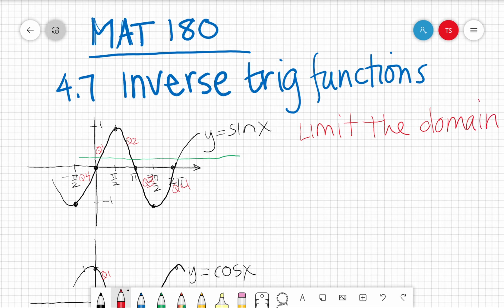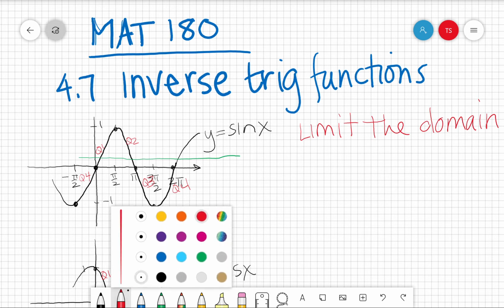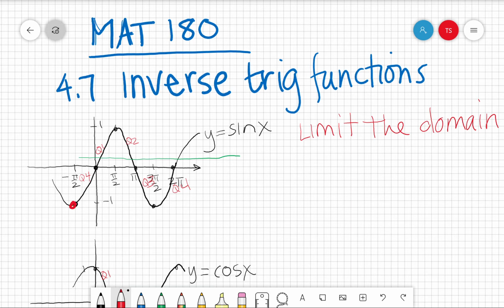And typically the way we limit the domain is we're going to limit the domain of the sine from negative pi over 2 to pi over 2. So we're only going to be considering these values.